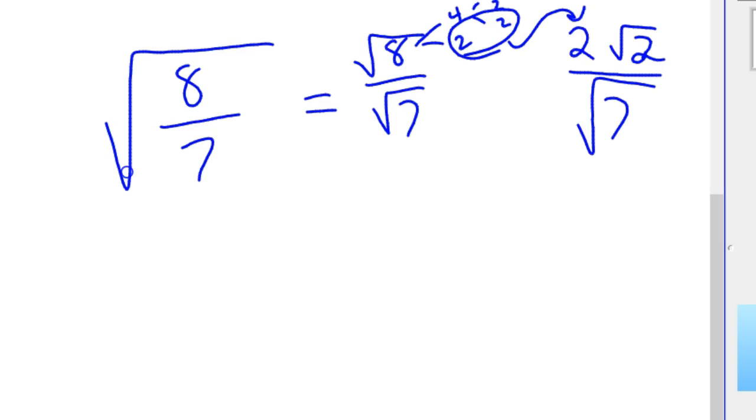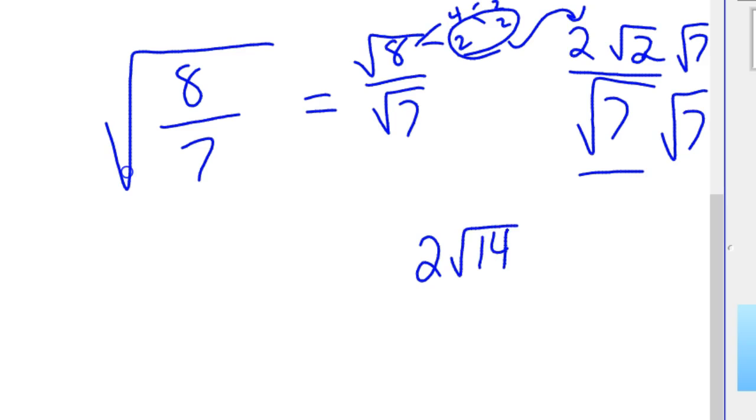So let me go back to this. Again, that square root of 7 should be square root of 7 over here. So to eliminate the square root of 7, you'd multiply by square root of 7 on the bottom and the top. Well, you only multiply numbers and numbers, and roots and roots. So on the top, you'd have 2 root 14.